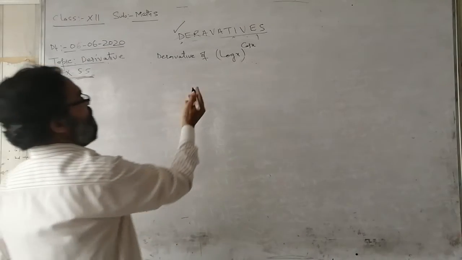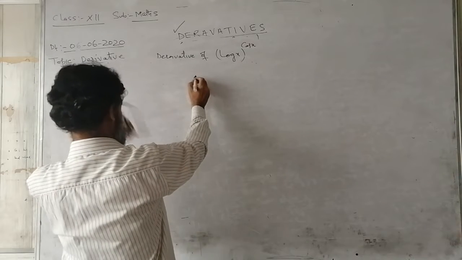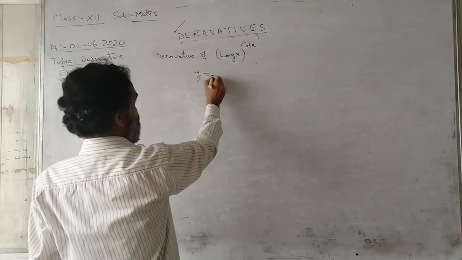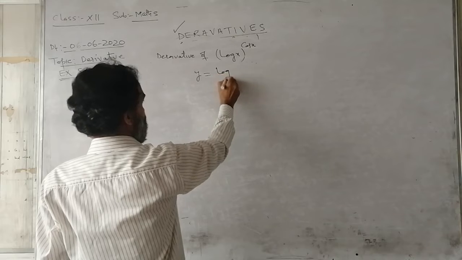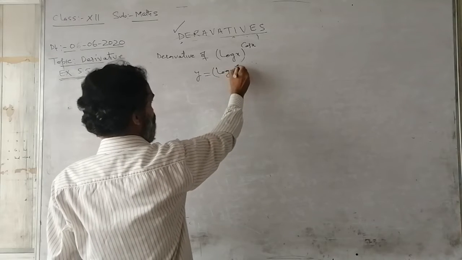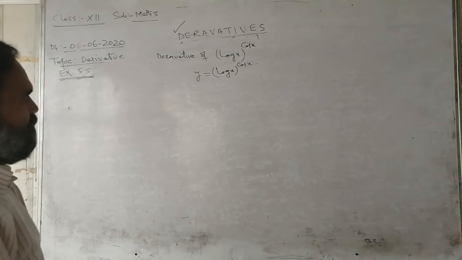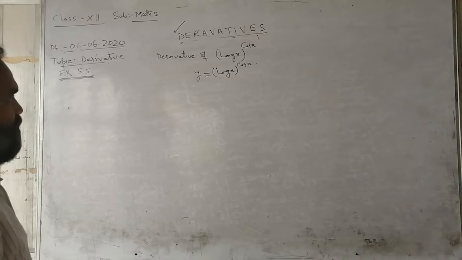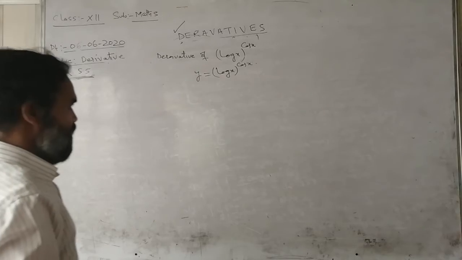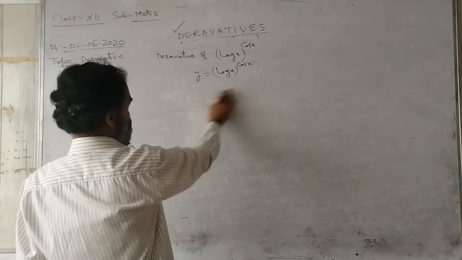Let y equal log of x whole power cos x. So the derivative of this function is to be found out.